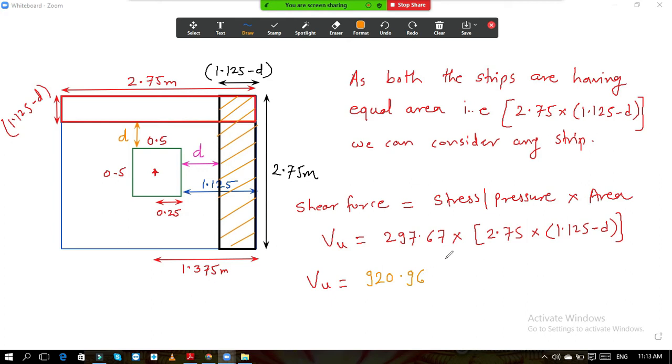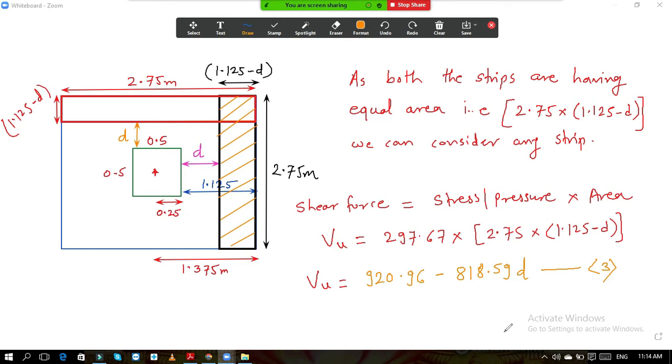You also check the value, 920.91. Then here it is the minus sign in the bracket, so minus, again we will do the multiplication, 297.67 into 2.75 into D. So it is minus 818.59 D. So this is our equation number 3.